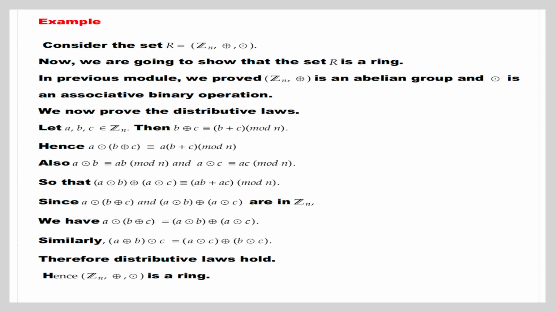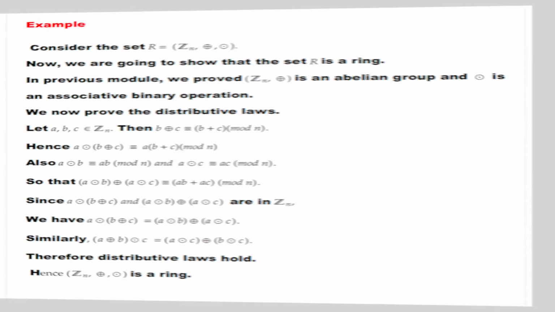Since a ·ₙ (b +ₙ c) and (a ·ₙ b) +ₙ (a ·ₙ c) are in Zn, we have a ·ₙ (b +ₙ c) equal to (a ·ₙ b) +ₙ (a ·ₙ c). Similarly, (a +ₙ b) ·ₙ c is equal to (a ·ₙ c) +ₙ (b ·ₙ c). Therefore, the distributive laws hold. Hence, (Zn, +ₙ, ·ₙ) is a ring.